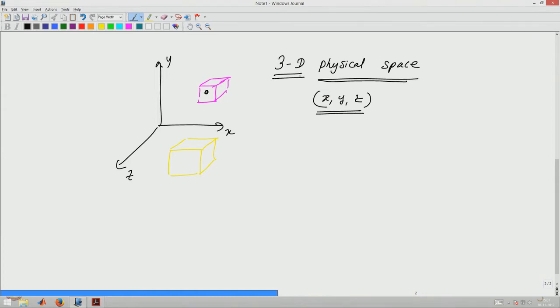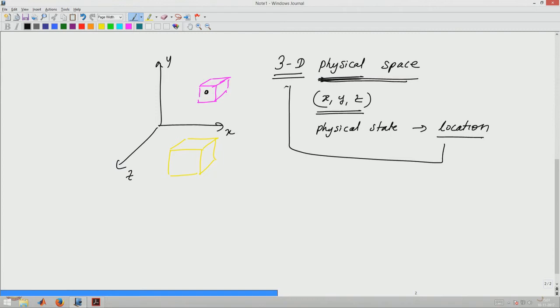Now, what we have seen is for an overall particle we require 6 variables to describe the state of the system. Since in this case we are only describing the system using a physical state, which means location, we require only 3D space.